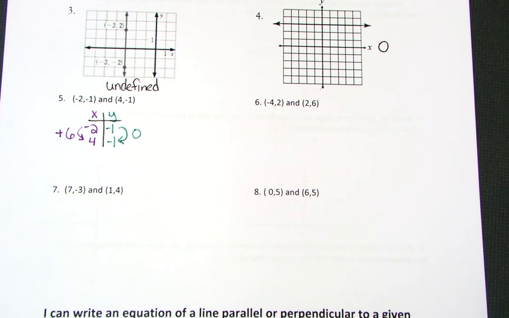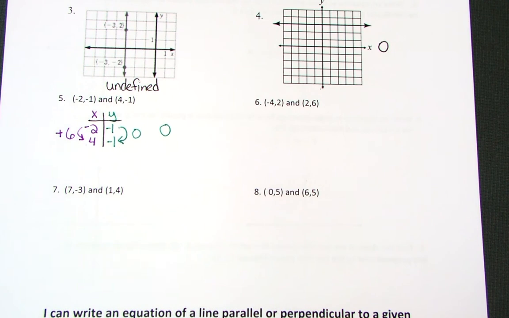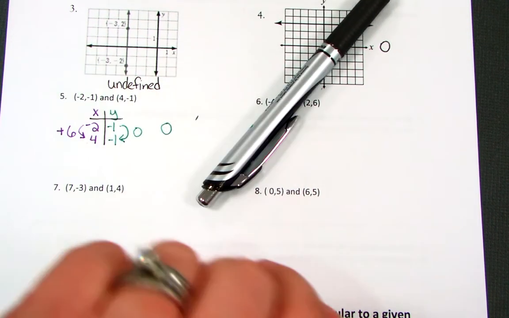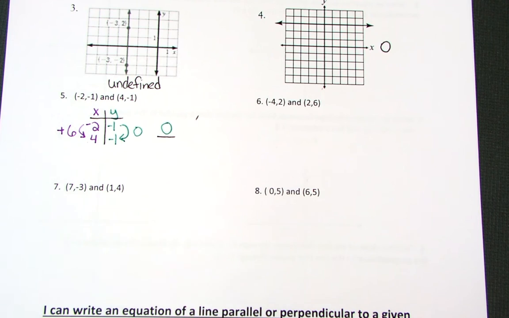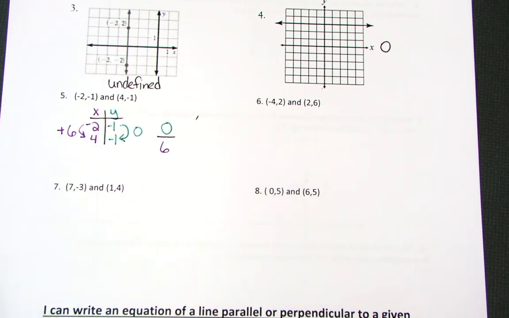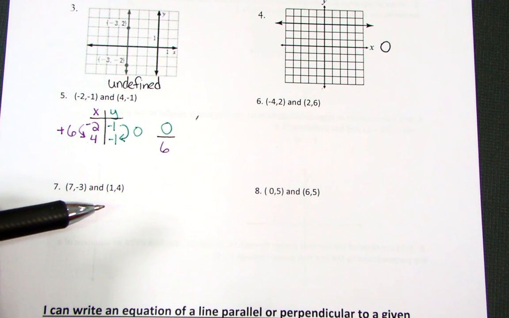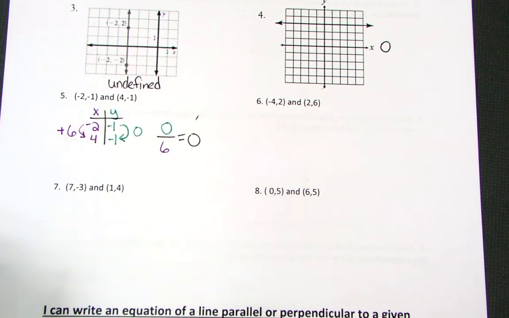Remember, we always put our Y on top. So I have 0 over, whoops, that's what happens when I try to get fancy with colors here. 0 over 6, which we just talked about. It's okay to have 0 on the top. It is okay because the answer is just 0. The slope here is just 0.